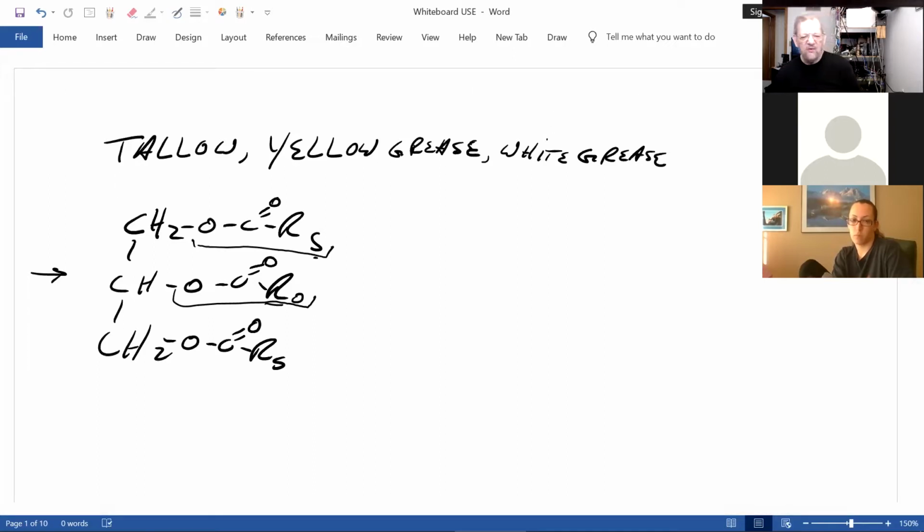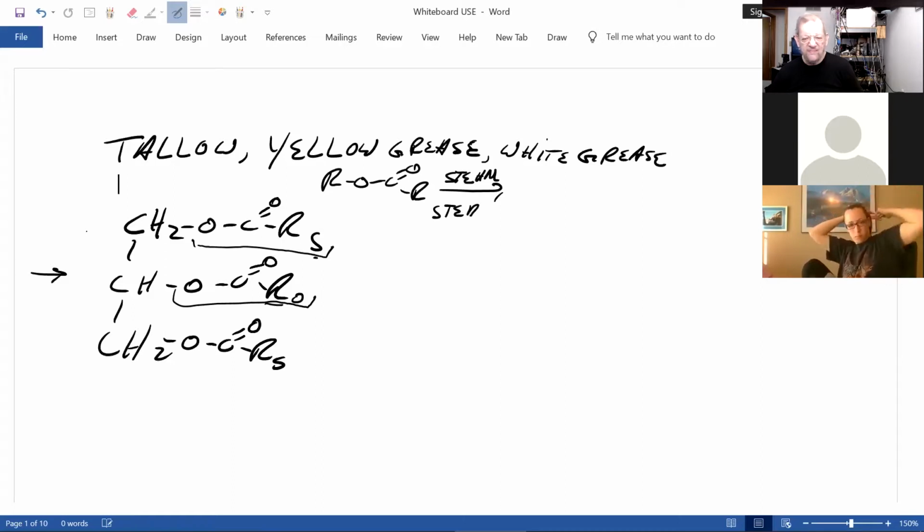Now, we talked about the fact that these are esters, and I taught you on Monday that one way of making a reaction go faster is to catalyze it, like with acid or base. Another one is to increase the temperature. In this case, we use high pressure steam. Remember, steam is hot water, very hot water.